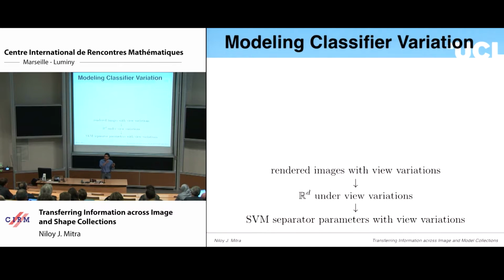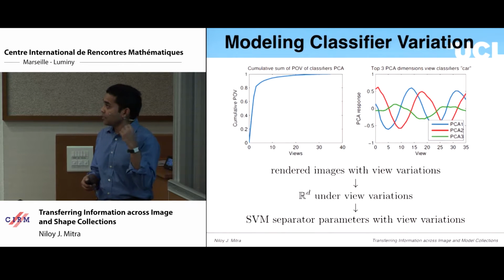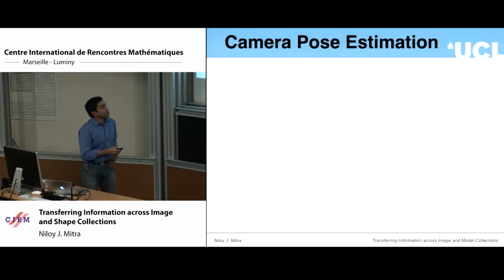Now, we don't have a single point, but the points are moving across view. And we want to see how this SVM classifier plane is changing subject to this view change. So as a result, we have a direct way from getting a feature vector to an estimate of the view. This is, I think, technically quite interesting.